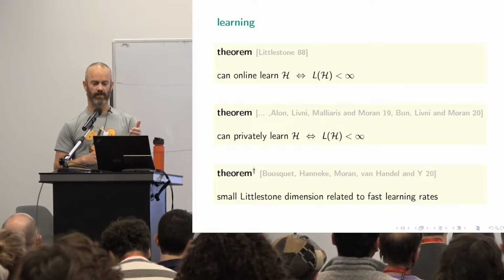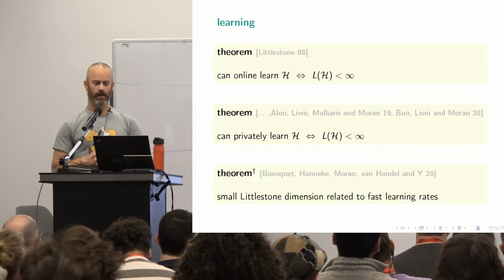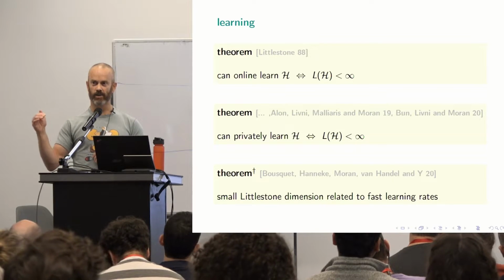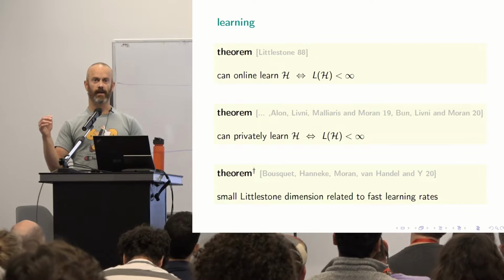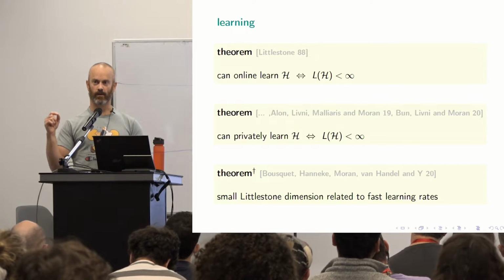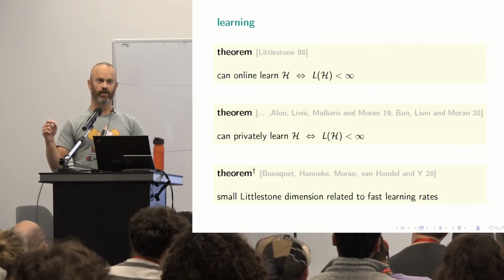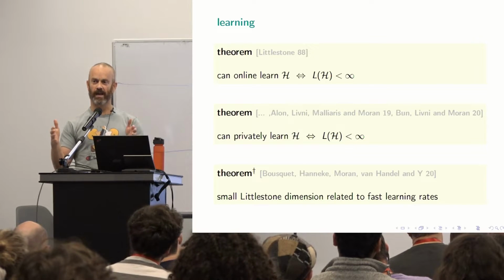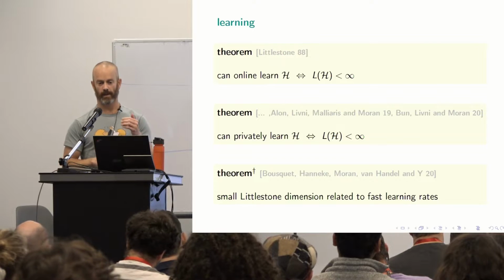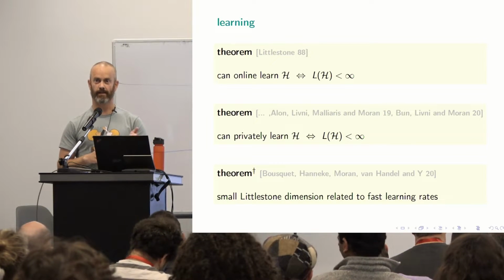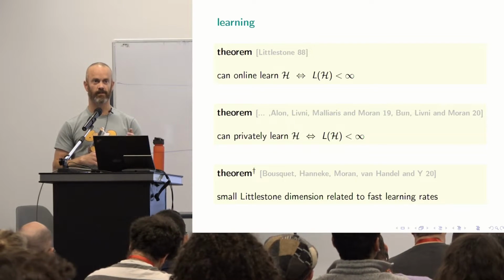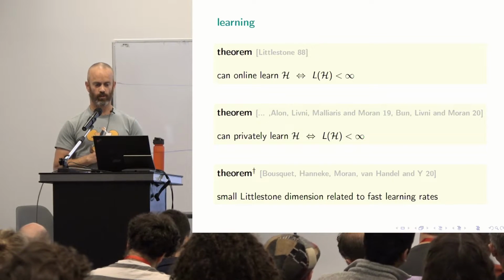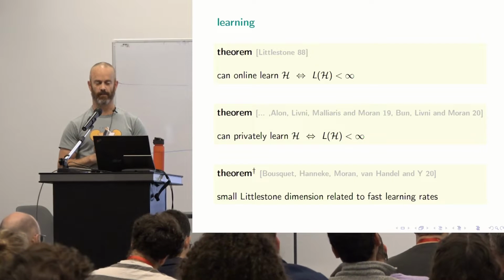A more recent sequence of works showed that the Littlestone dimension actually characterizes something much more subtle than online learnability. It captures private learnability. So learning in a private setting. So this is also captured by the same dimension, by the Littlestone dimension. So these are two theorems related to the Littlestone dimension.